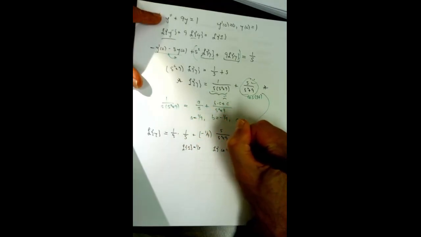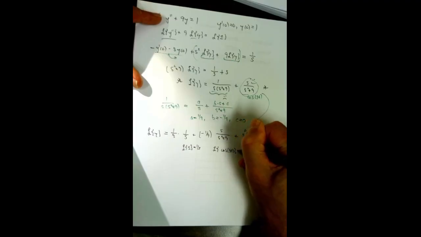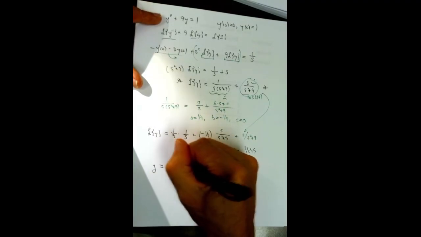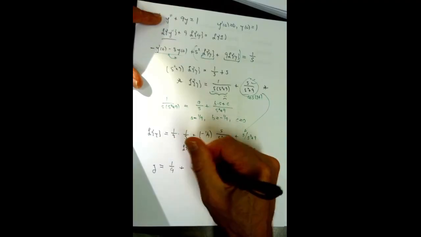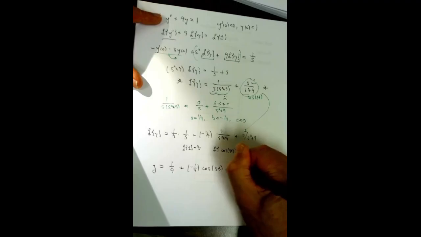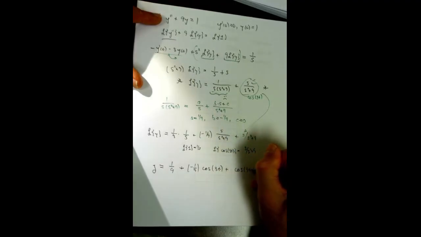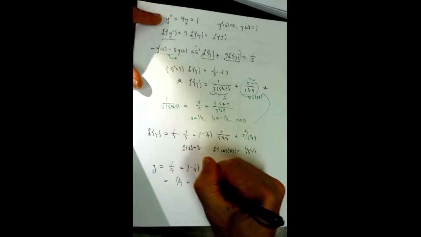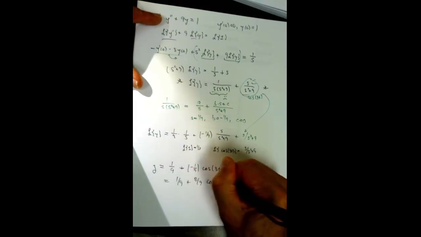The Laplace transform of cosine 3t is s over s squared plus 9. So that means y is 1/9 plus minus 1/9 cosine of 3t plus cosine of 3t, so 1 minus 1/9 is 8/9 cosine 3t.